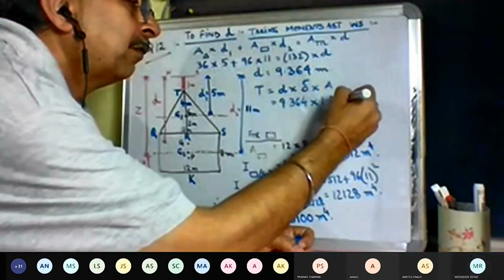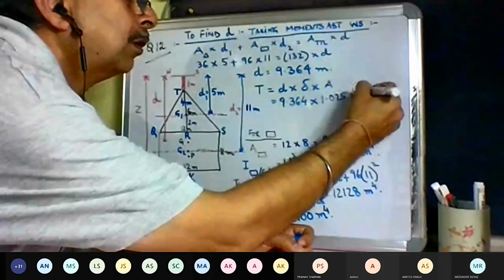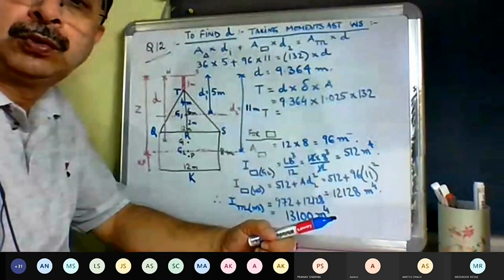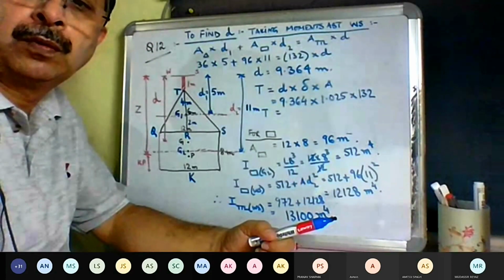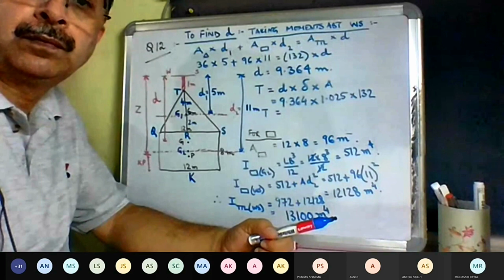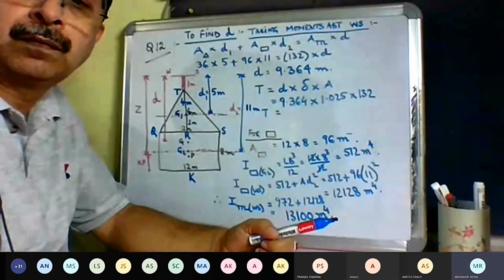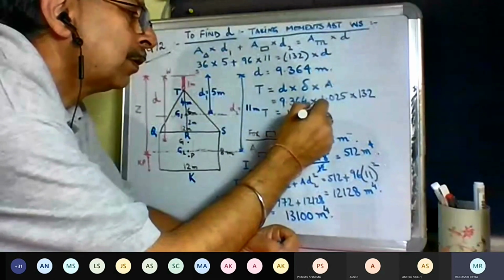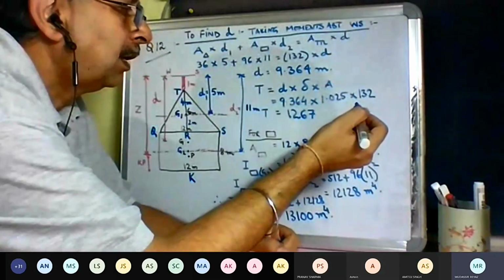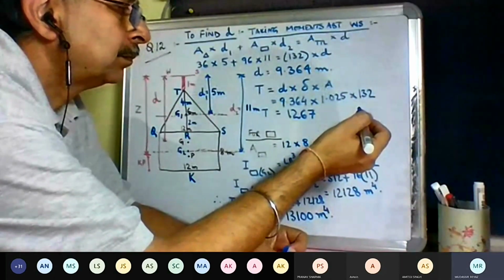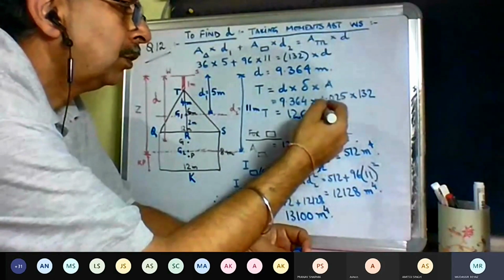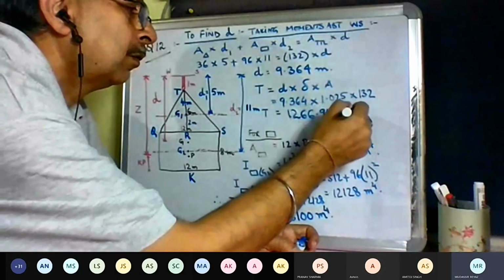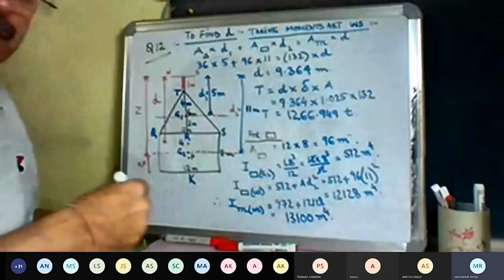So 1.025 into area total 132. It's actually 1266.949. So that's your first answer.